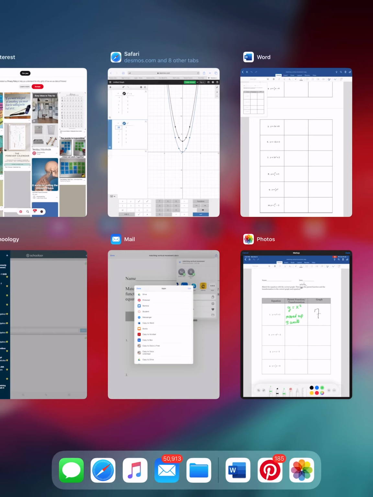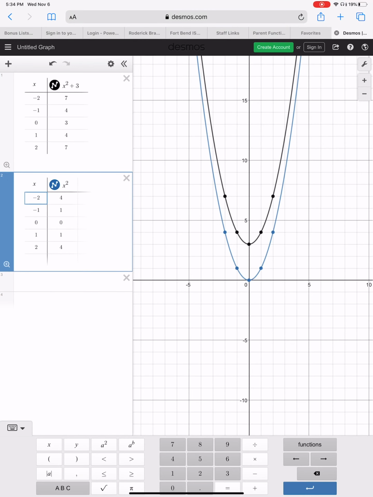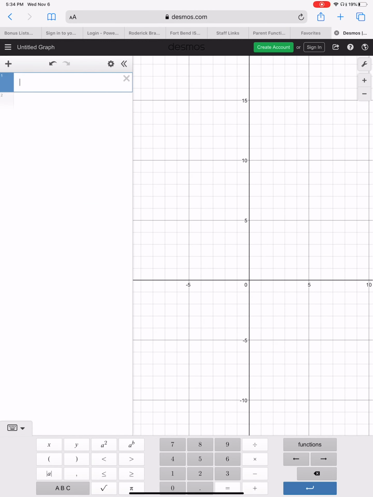So we want to graph it first. So I'm going to go ahead and take these off. And we have y equals, there's a fraction, so we'll put parentheses, 1 divided by 3, close parentheses.